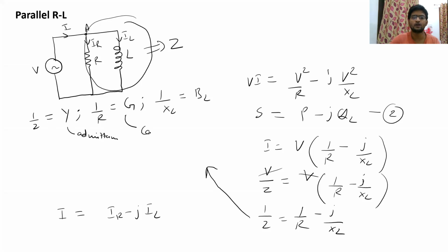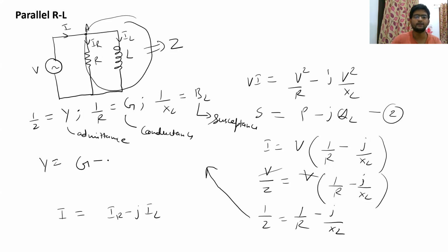G is called conductance. And BL is called susceptance. Right? So this equation will become Y is equal to G minus jBL. So this is going to be your equation number 3.